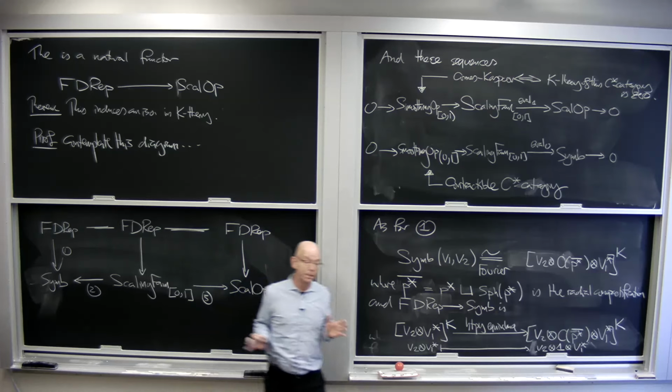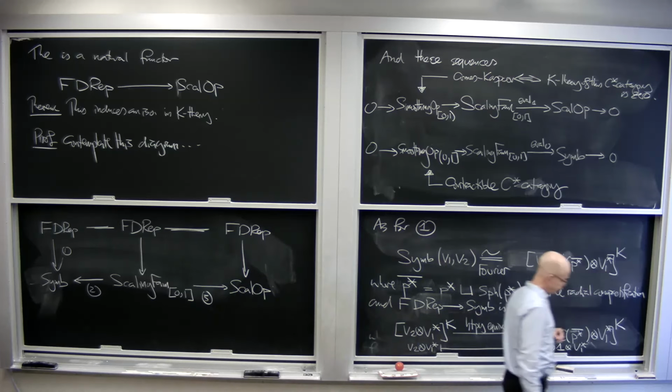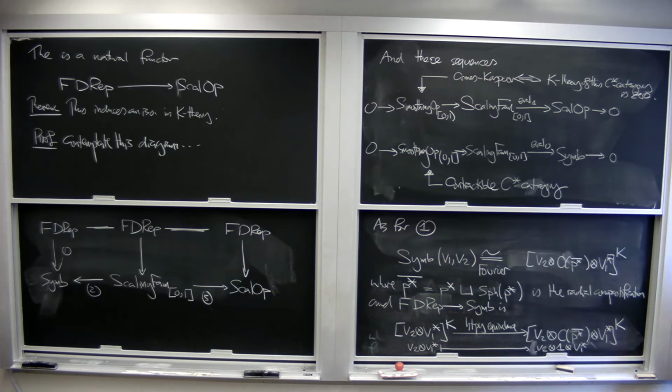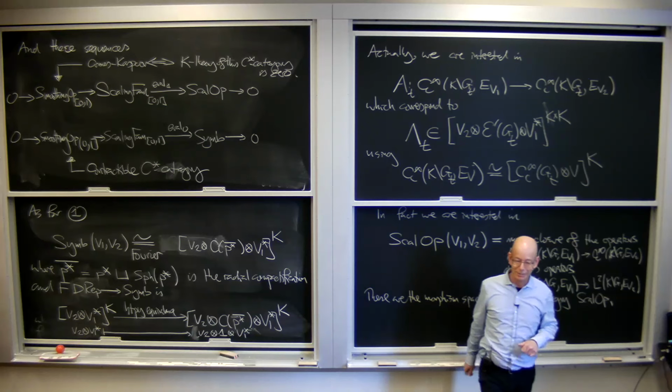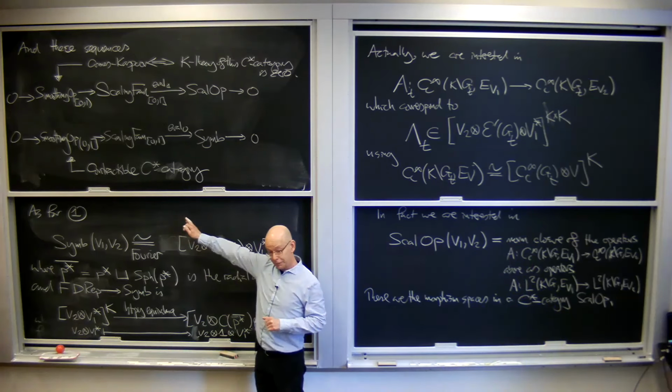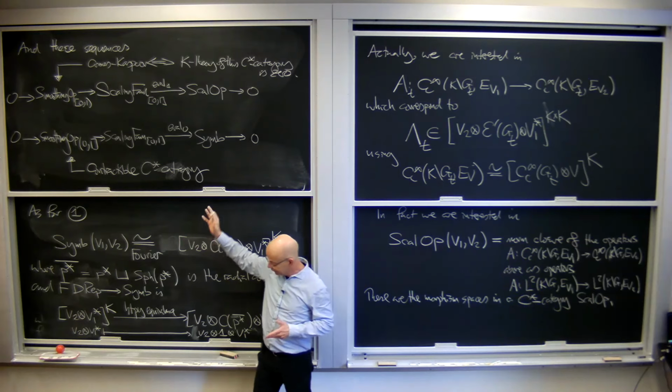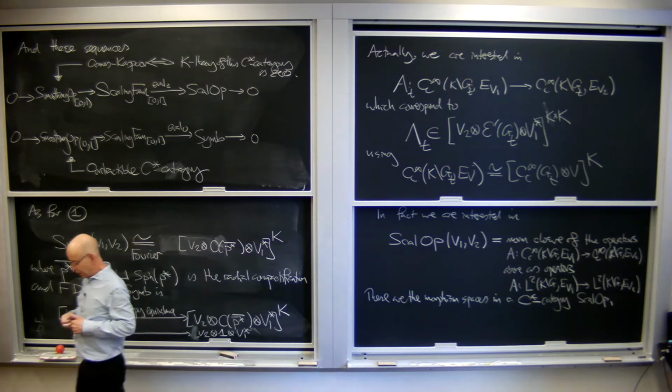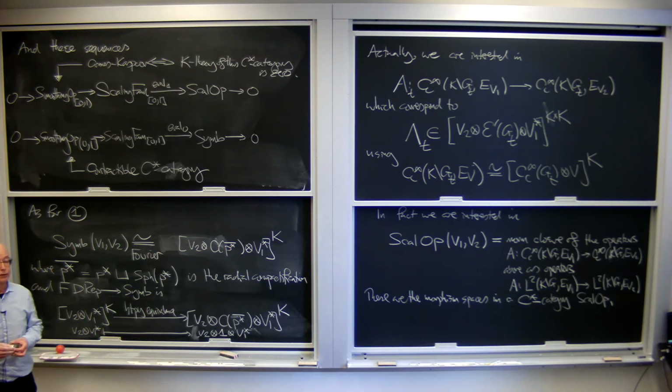It's really nice, you know. You had to make a bit of an investment to understand scalable operators. You make no investment to understand C-star categories. That's my point. It's not even a subject, but scalable operators are a subject, and buried in this argument are all of the facts that we managed to prove: that scalable operators of order 0 are bounded, that the symbol of a scalable operator is well-defined modulo smoothing operators.